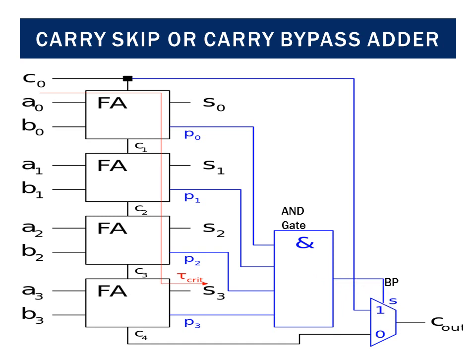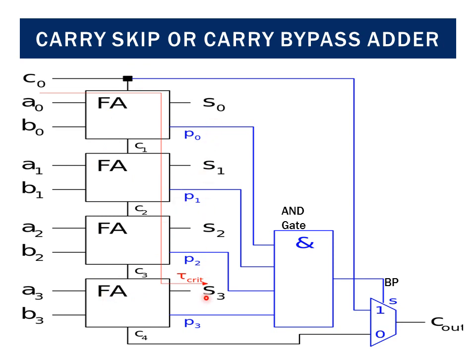And whenever this signal is equal to 1, then that time this carry in is transferred through the multiplexer to the C out. That means this C out would be nothing but equal to C0. What does it mean? It means that we are actually bypassing the carry, so it does not propagate through all of these adders.